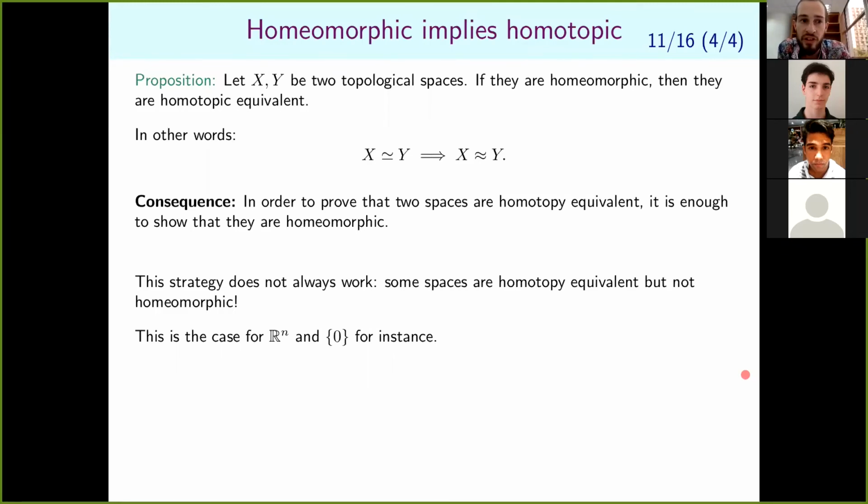For instance, in topological data analysis, most of the time, we want to understand the homotopy class of our data. If our data is a circle or a circle with some branches, we will say that this is the same.